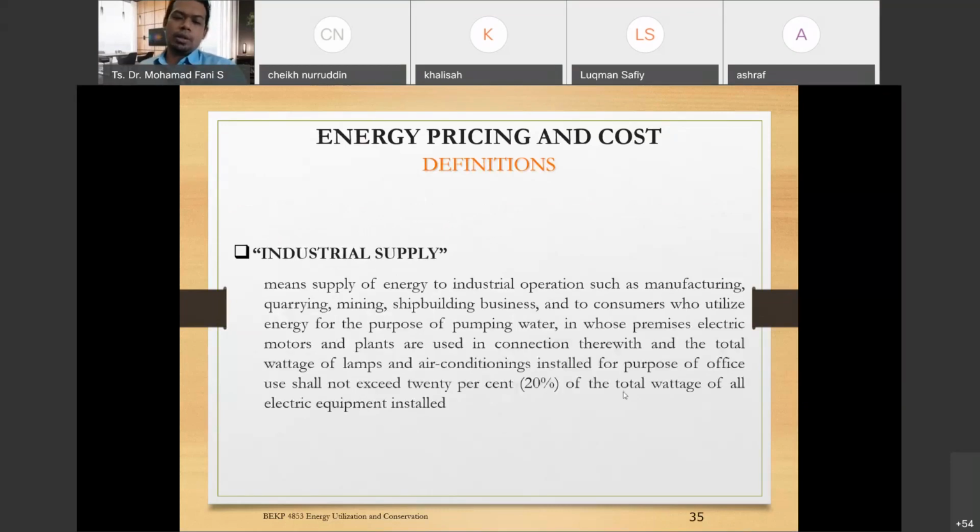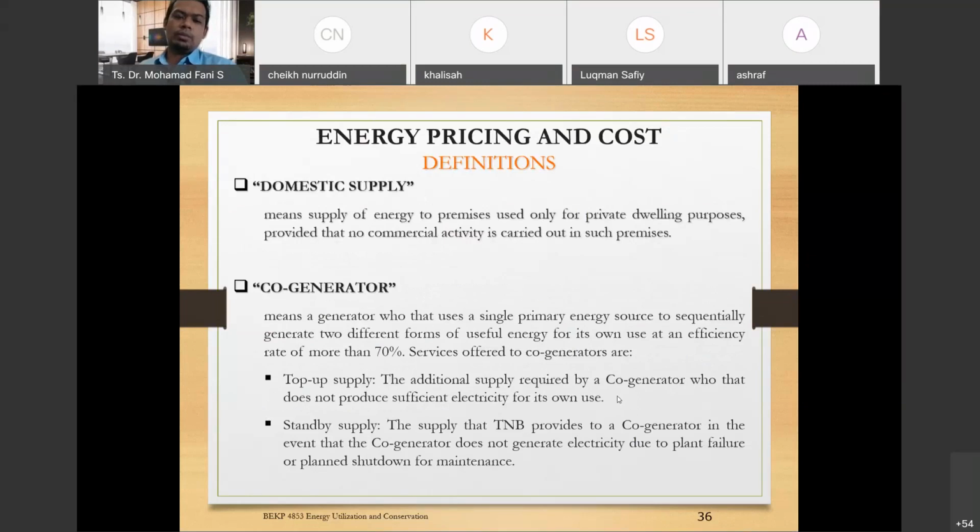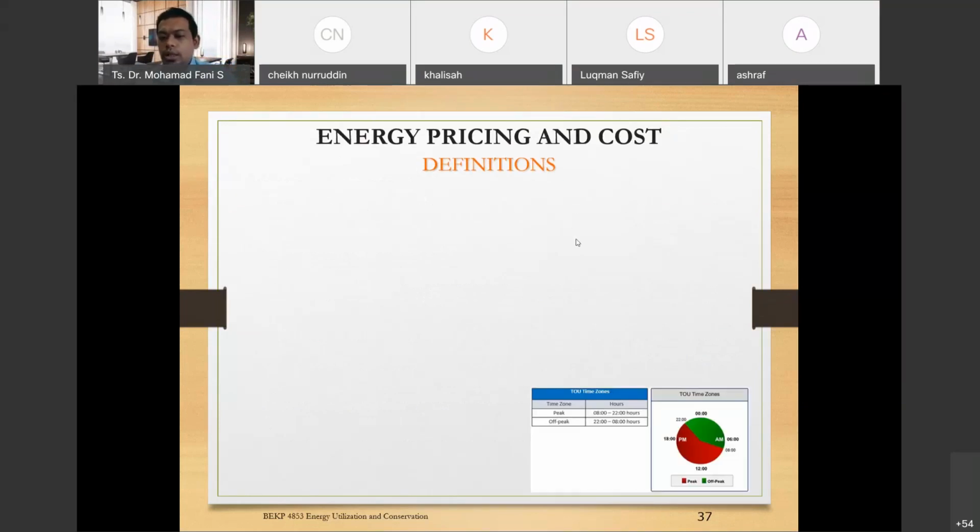Commercial, you can read by yourself. Industry, I have explained. About domestic cogenerator: a cogenerator is one that uses a single primary energy source and creates its own electricity, for example palm oil mills in the palm oil sector.